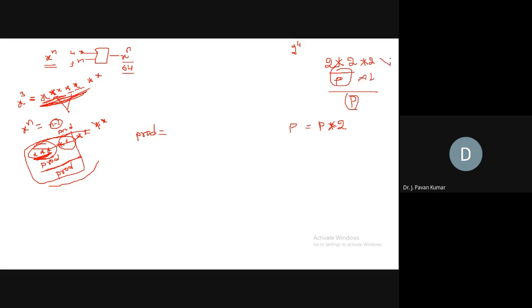Next, one more 2 I wanted to do. So how can we update? This is the product so far, now we want to extend it. So this P is nothing but P into 2, isn't it?